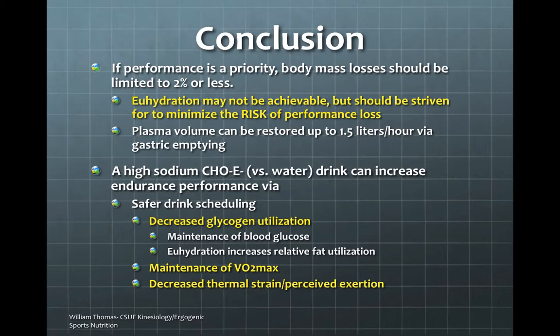All right, so since there is not a problem with staying euhydrated in performance, and performance is a priority in terms of exercise sessions and races, you're best to stay on the safe side, adhere to literature, and shoot for 2% or less. All right, but remember, depending on your sweat rate, euhydration may not be achievable, but again, it should be striven for.